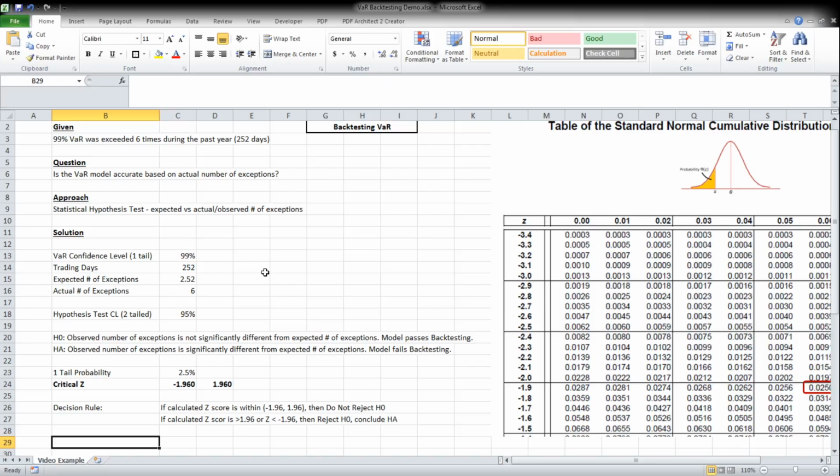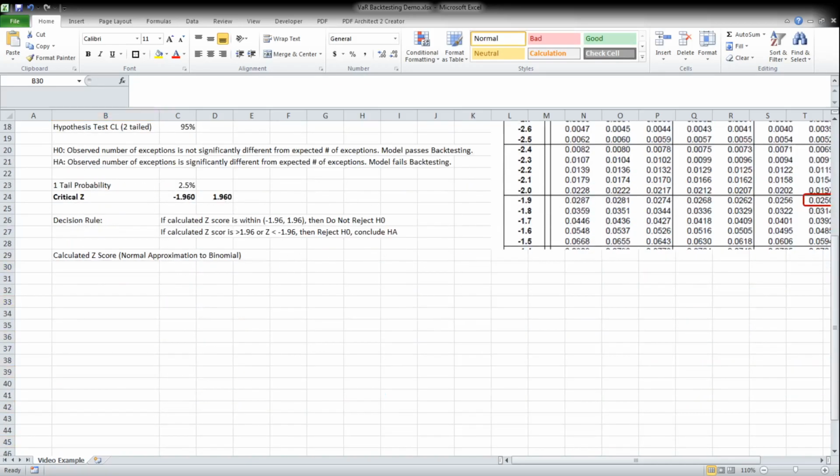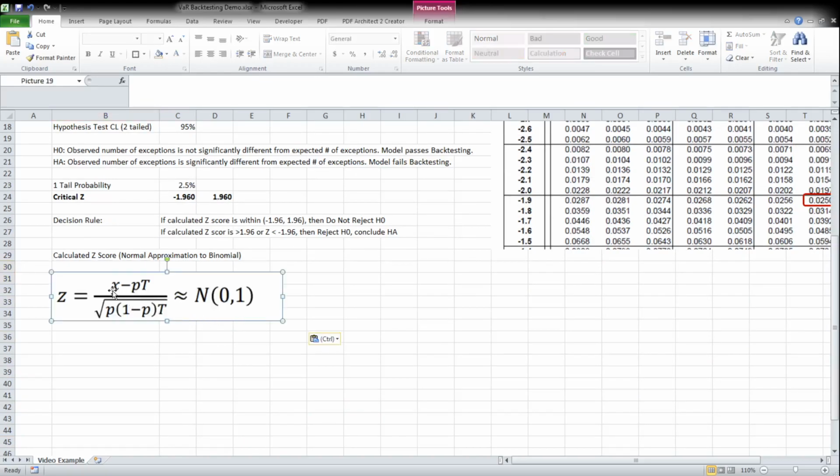So what is our formula for the calculated z-score? Now we know our decision rule. The calculated z-score, using the normal approximation to binomial. Let me bring in the formula that I have saved. It is z equals x minus p times T, divided by the square root of p times 1 minus p times T. This is approximately normally distributed with a mean of 0 and a standard deviation of 1.